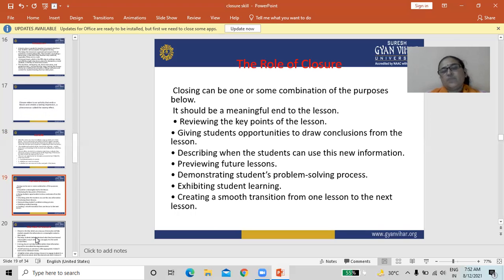Reviewing the key points of the lesson. Giving students opportunities to draw conclusions for the lesson. Describing when the students can use this new information. Previewing future lessons.